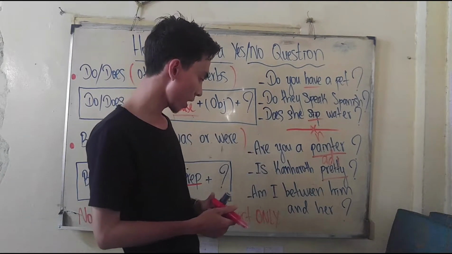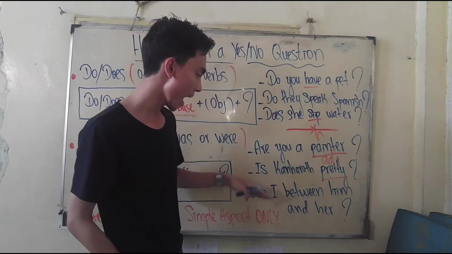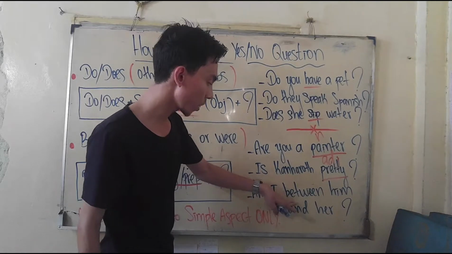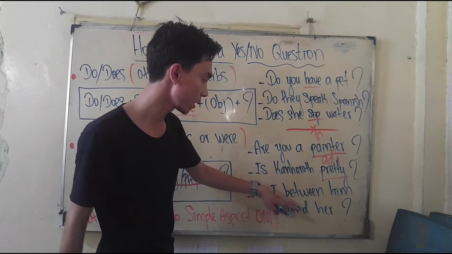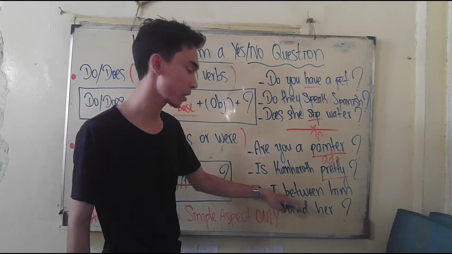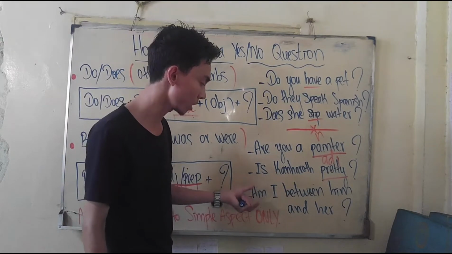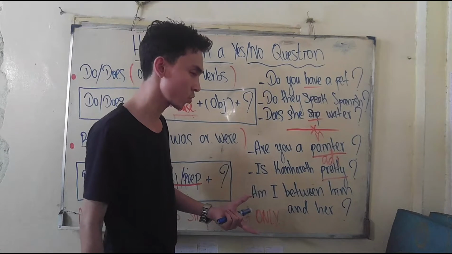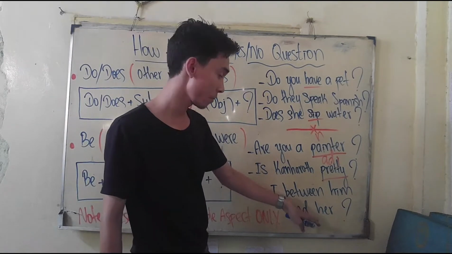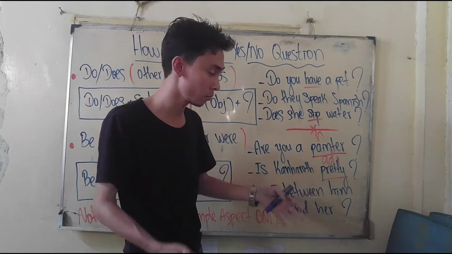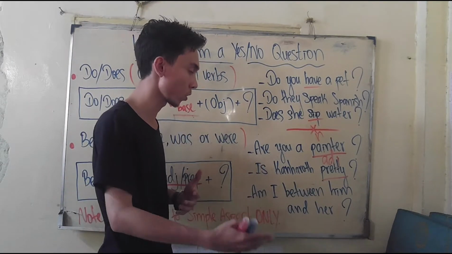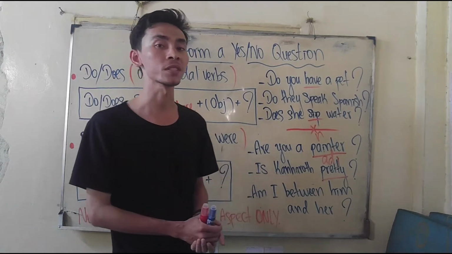And last but not least, we have am I between him and her. Between here is a preposition, and that's why we begin our question with verb to be, not with do or does. You cannot just say do I between him and her, because between is not a verb base. Then we cannot use do or does to begin our yes/no question.